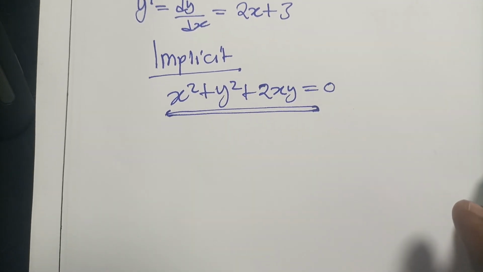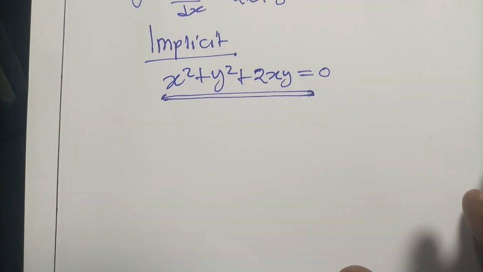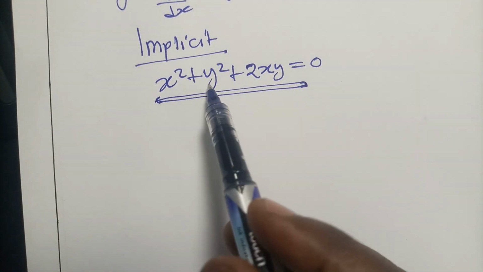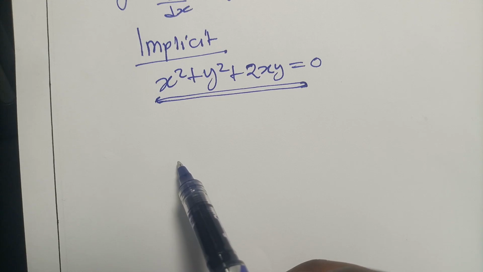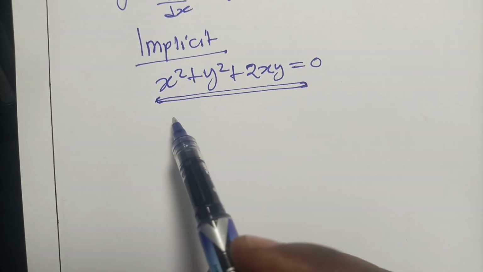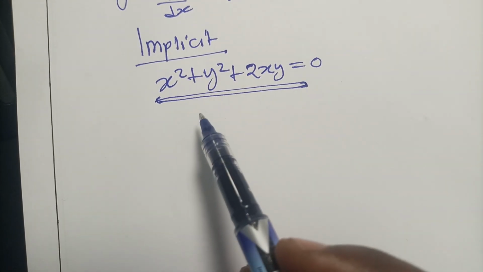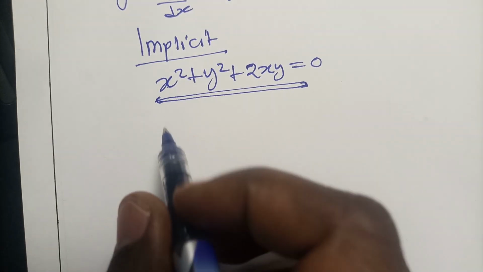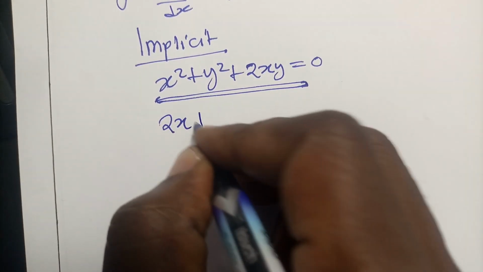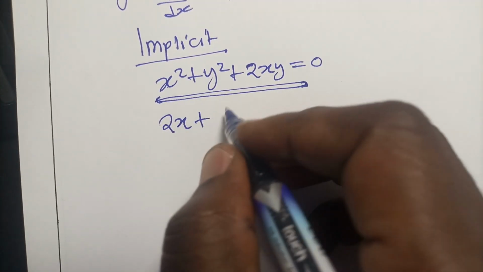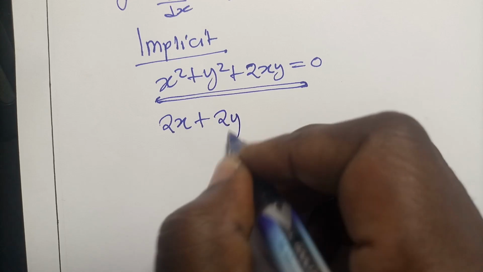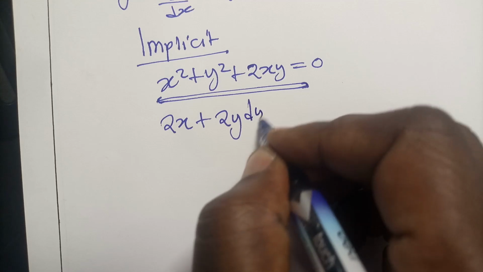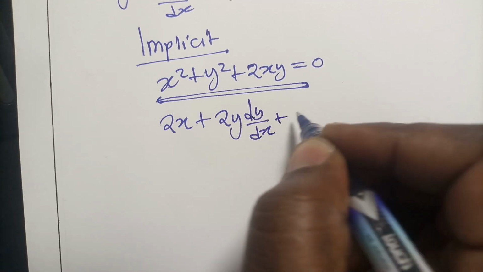The simplest way of thinking about this is that you differentiate each variable, and whenever you differentiate the y variable, you multiply it by dy/dx. So let's differentiate this variable here. You're going to get 2x plus, differentiate this variable there, we're going to get 2y. Whenever we differentiate the y variable, we write 2y multiplied by dy/dx, plus.